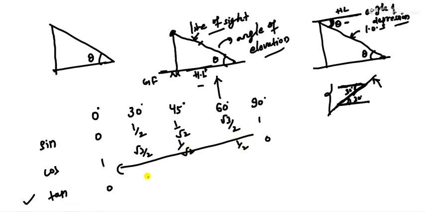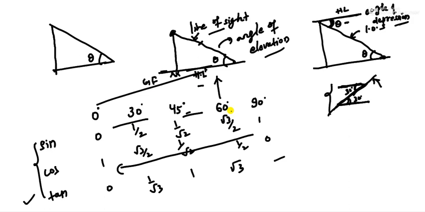This is 0, 1 by root 3, 1, root 3, and infinity or not defined, meaning we don't know the value. So these you have to remember, the values from 0 to 90 degrees. You will get only up to 90 degrees for your 10th exam, not more than 90.